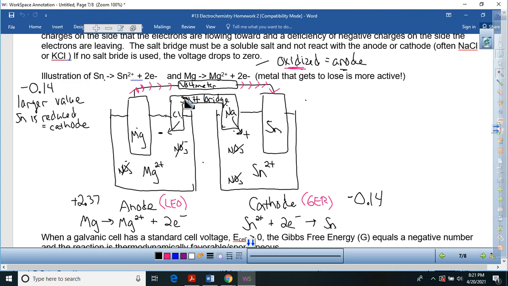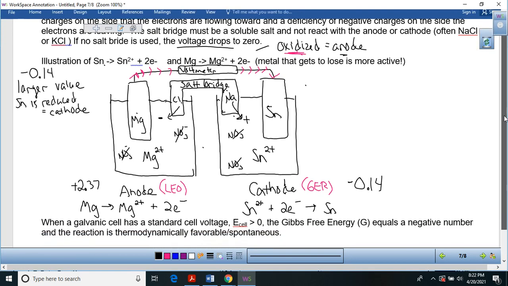So it has to be something that's soluble, that will not react with the anode or cathode electrodes. If you don't have a salt bridge, the voltage will drop to 0. So the purpose of the salt bridge is to keep that voltage from dropping. It makes sure that we do not have a deficiency or a buildup of negative charges.